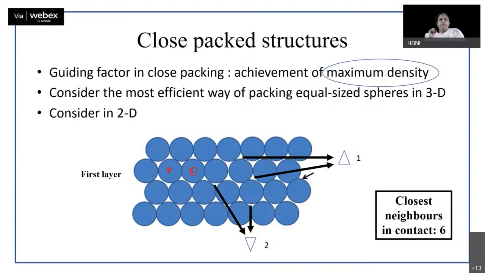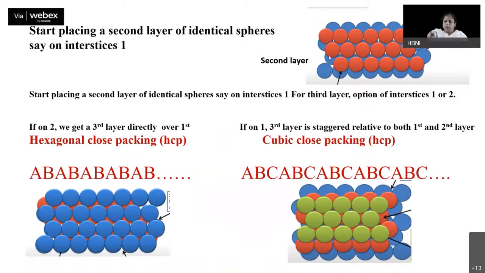If you now look at it, there are basically two types of triangular interstices formed. One is this, which are pointing upwards. And one is this, which are pointing downwards. Now suppose I place my second layer of spheres on the first layer, let's say on the triangular interstices which were pointing upward.